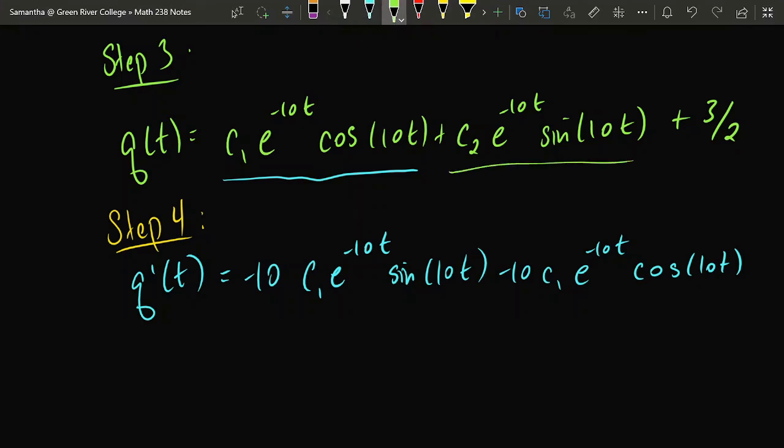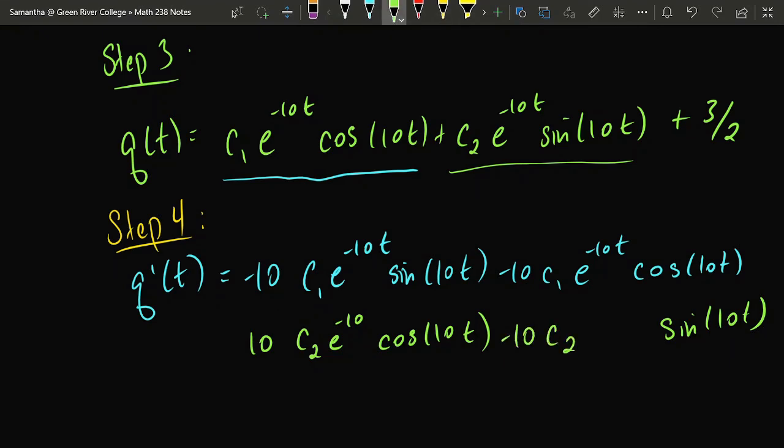For the second product, it'll be similar but with sine instead of cosine. So we have the first times the derivative of the second plus the second times the derivative of the first. The derivative of the final term, 3 over 2, that's a constant, so its derivative is equal to 0.